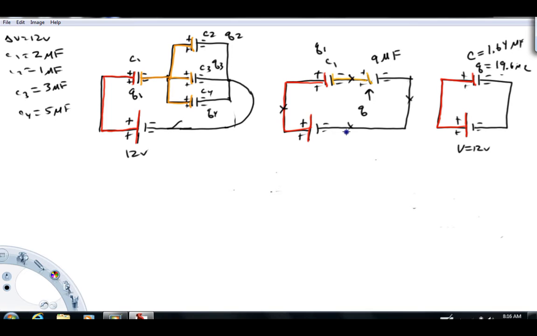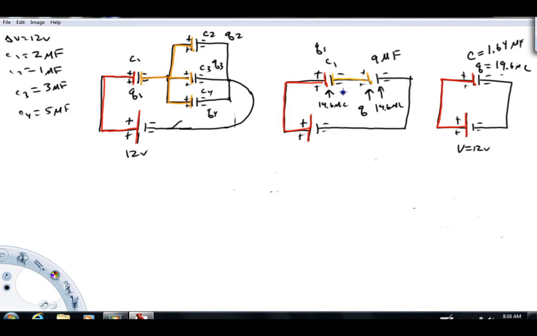The exact same amount of charge has to move through all points in the system. So what that tells us is this. If this is 19.6 microcoulombs, then the charge here is 19.6 microcoulombs, and here, 19.6 microcoulombs. So we now know the charge on both of these capacitors.